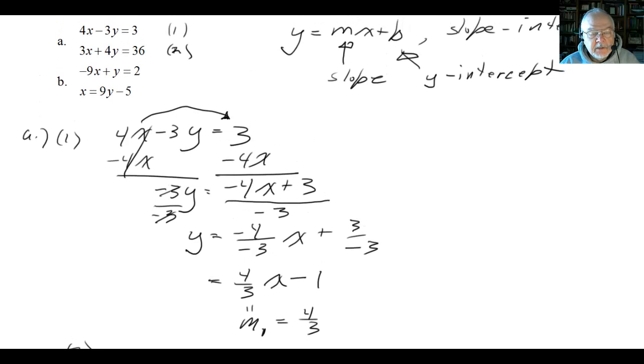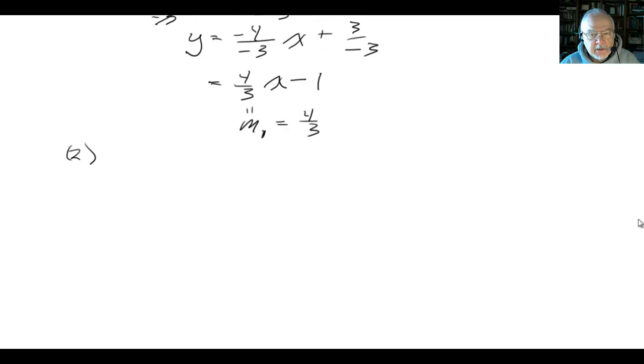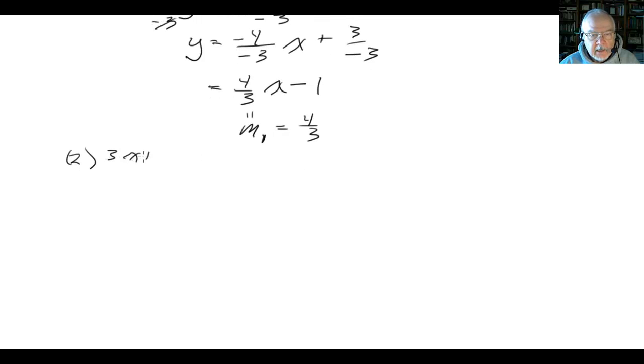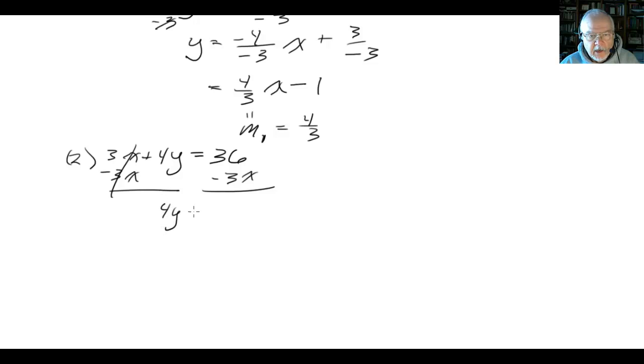So what is equation number 2? Equation number 2 is 3x plus 4y equals 36. All right, the y is fine on the left-hand side, but the x isn't. So I've got to get rid of the x. That's easy to do. This cancels because it's 0, and I'm left with 4y equals minus 3x plus 36. Divide by 4, so I get it in slope-intercept form. I do it to one side, I've got to do it to the other. That cancels, leaving me with y.